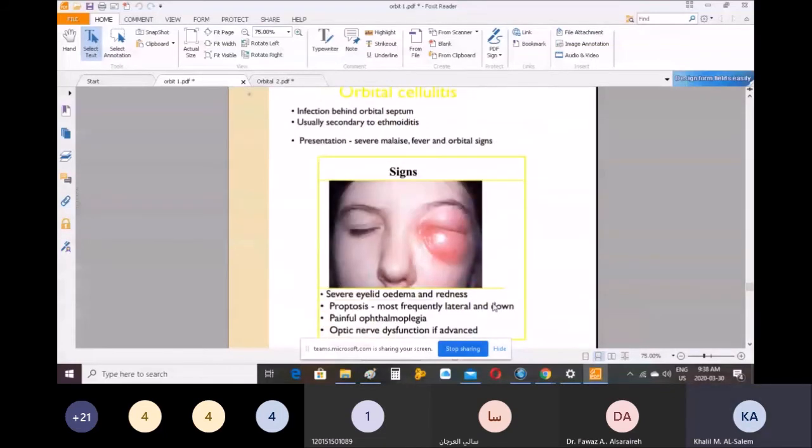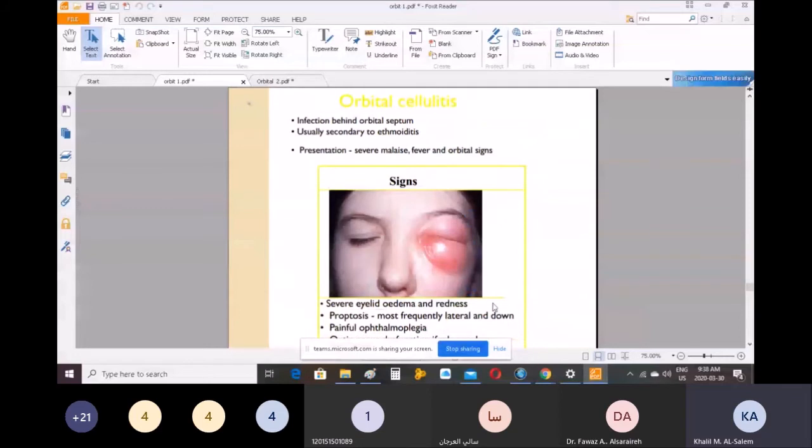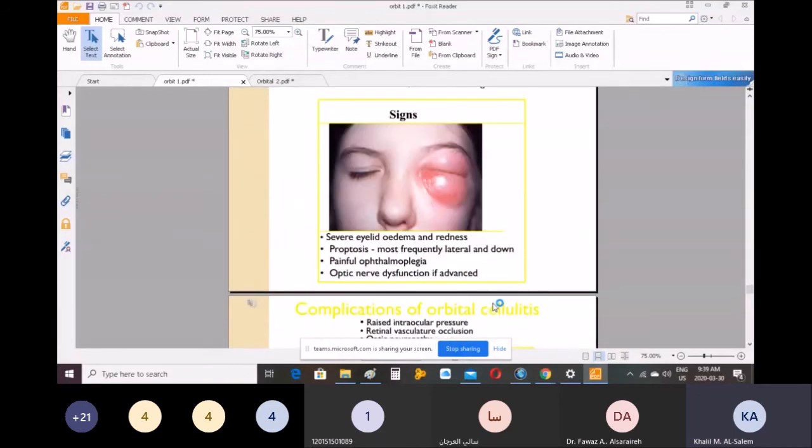So patients with orbital cellulitis and preseptal cellulitis. Orbital cellulitis is an infection of the contents of the orbit. Usually it can be secondary to sinusitis, especially ethmoiditis in the first year of age, and they can come with malaise, fever, and the orbital signs that we will be talking about.